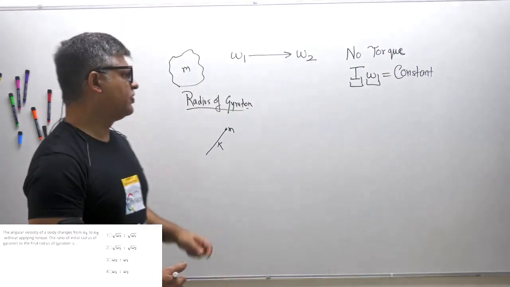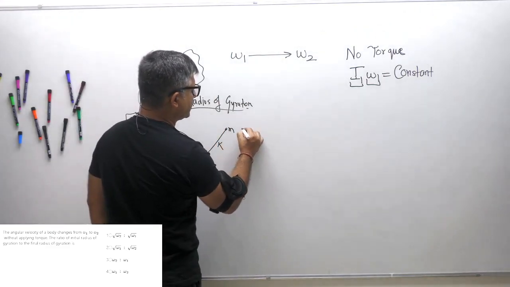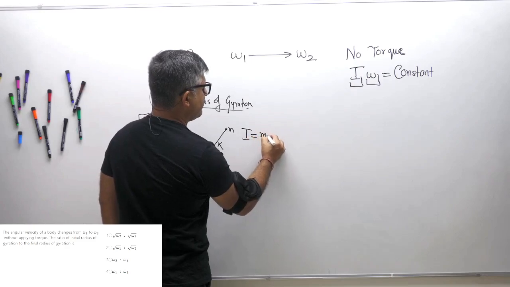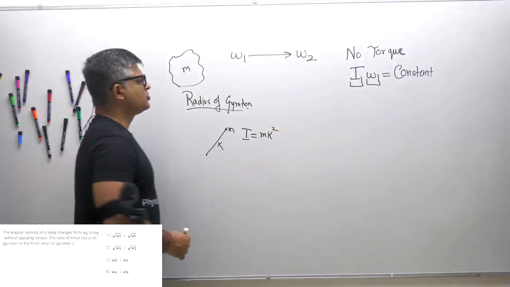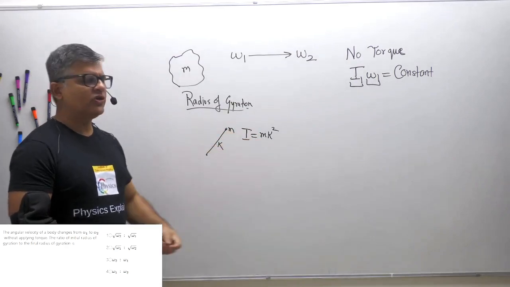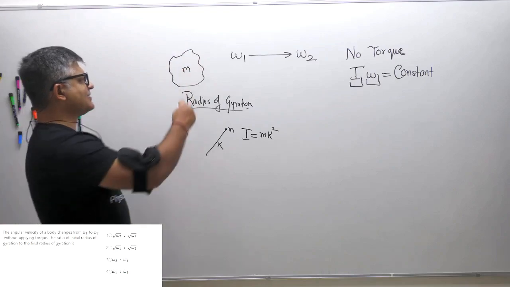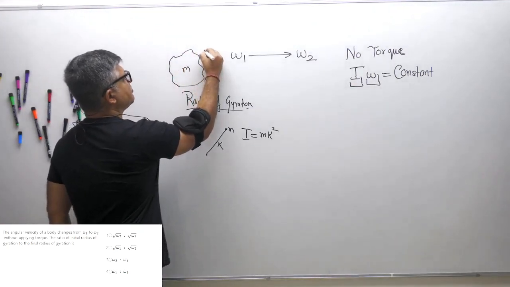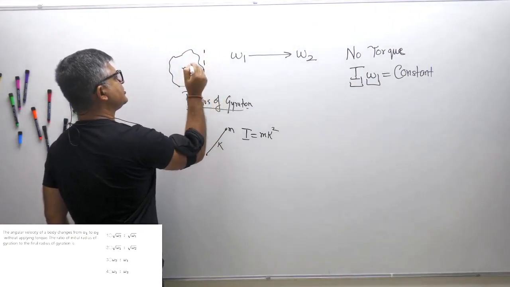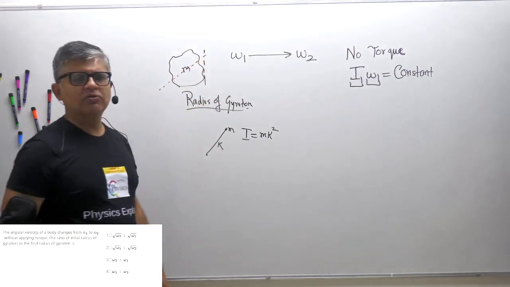All right. So if you reduce the size, the moment of inertia now can be written as MK squared. So this is the so-called second moment of inertia of the body. Generally, you're given an axis which is tangential, or passing through the center, or an axis like this, and you're expected to calculate the moment of inertia.